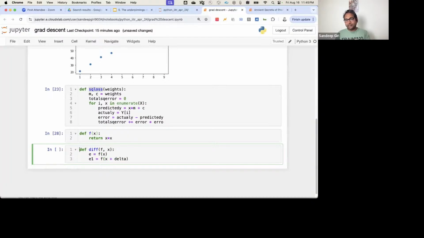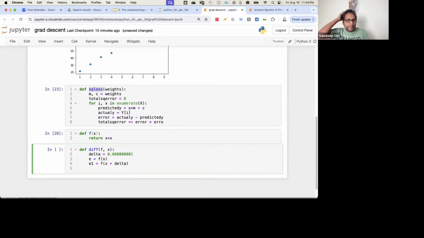Let's say this delta is very tiny, really, really tiny. So we increased x by a little delta, and then the rate of change of output is E1 minus E divided by delta. That's it. Is that it?